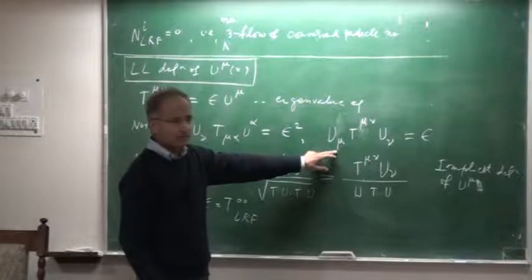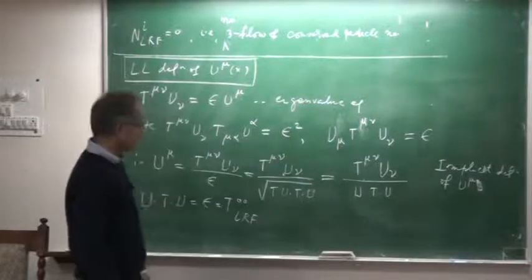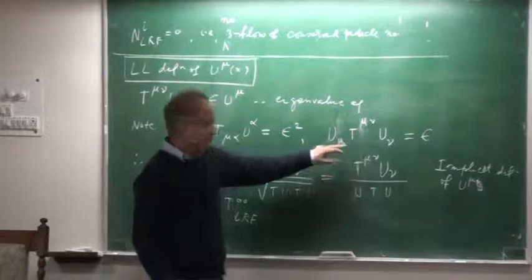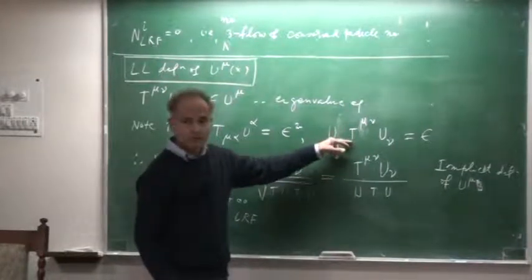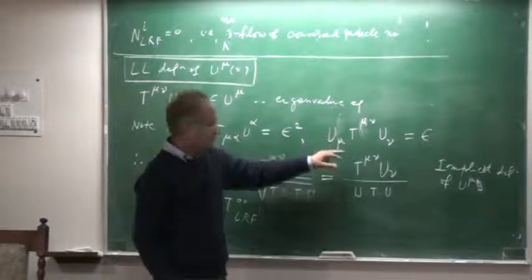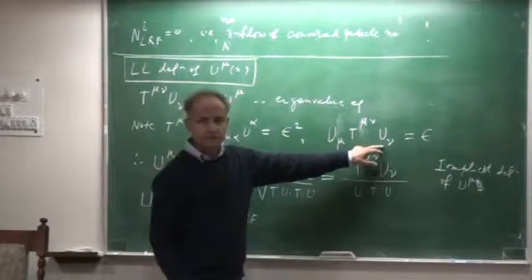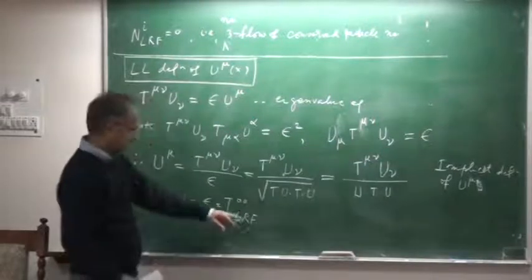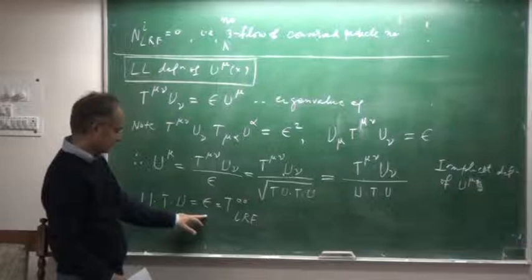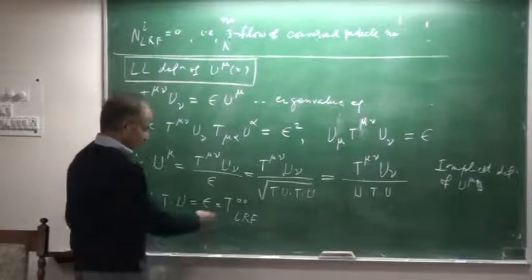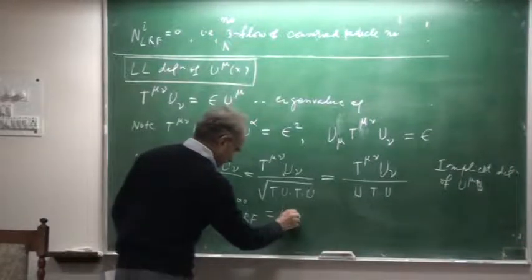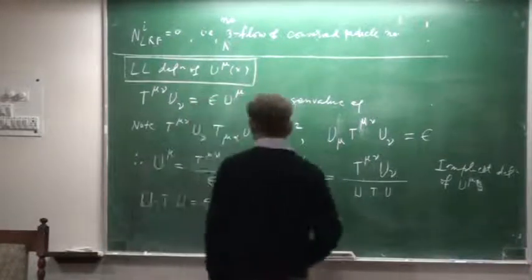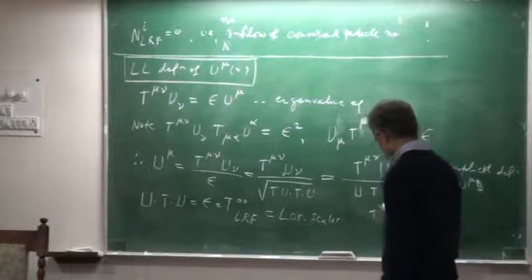Evaluate this in the local rest frame. Which terms will survive out of 16 terms? Only when mu is 0 and nu is 0 will it survive. So it's T00. So T00 in the local rest frame is which is a Lorentz scalar. Of course, T00 is not.